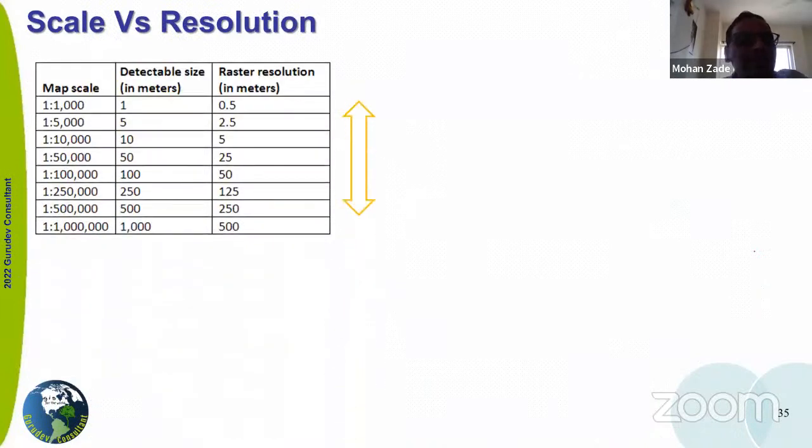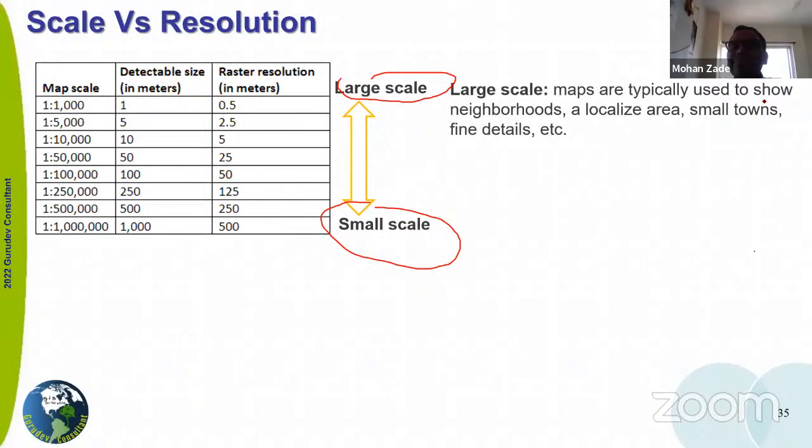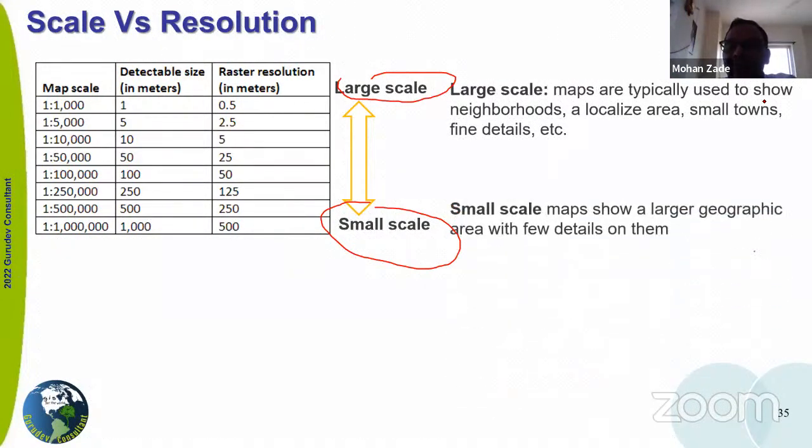This is one example: a map scale and detectable size and raster resolution that you need to check. On this side, you see large scales and small scales. A large scale map typically shows a neighborhood, localized areas, small towns, and fine details, and a small scale map shows a large geographical area. You might be confused with small scale and large scale, but this is how the terms are used in GIS.